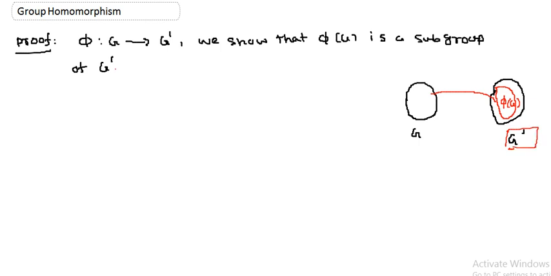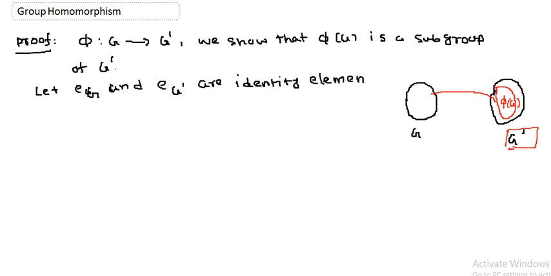First of all, let e_G and e_G dash be the identity elements of the group G and G dash respectively.